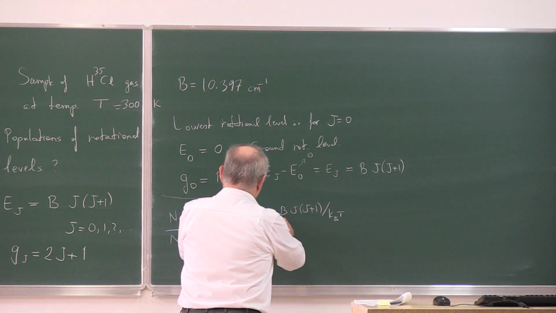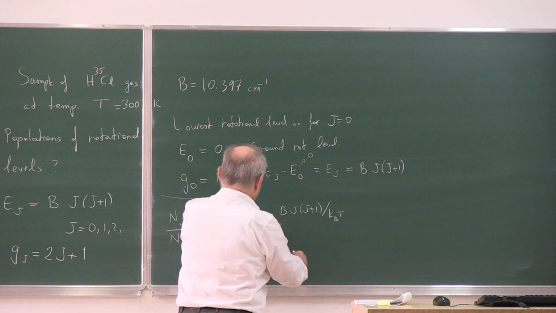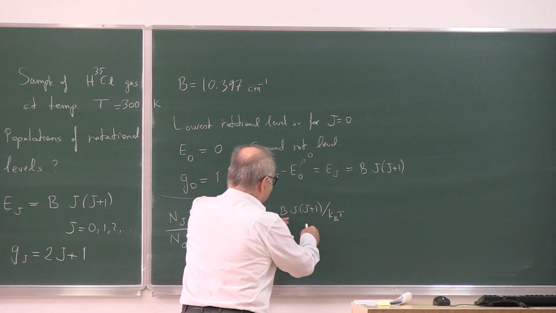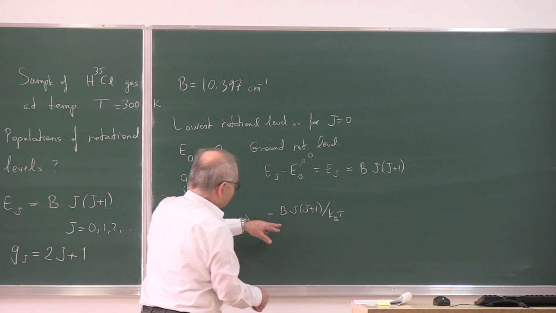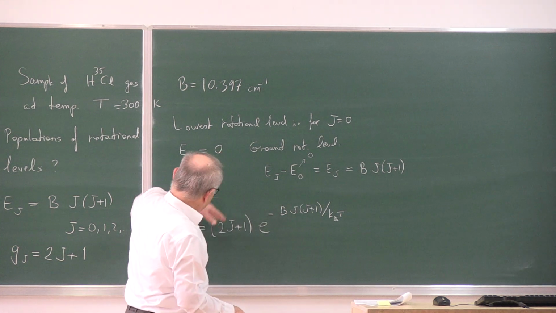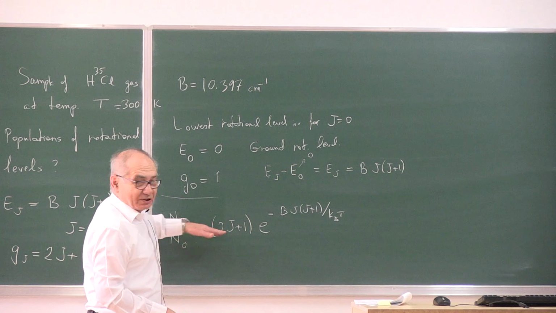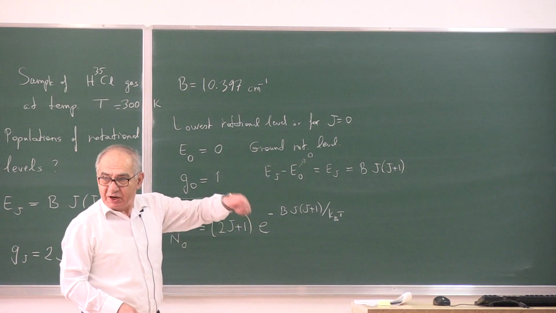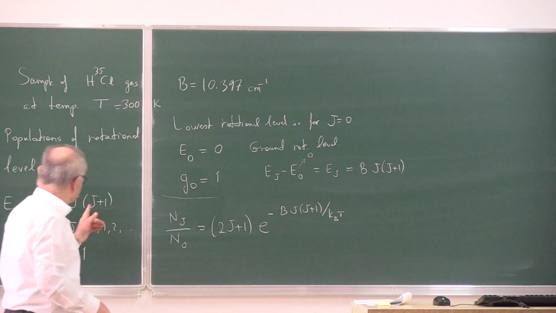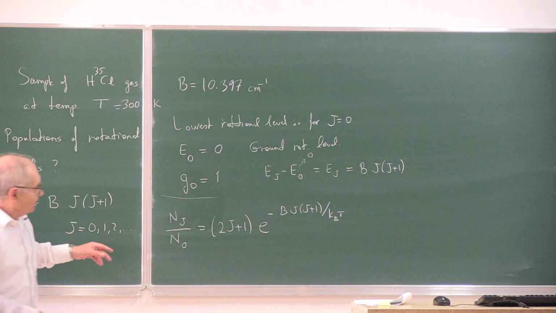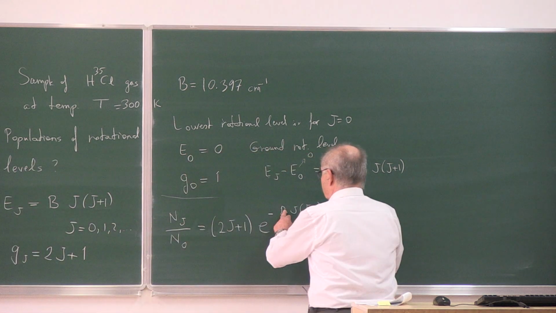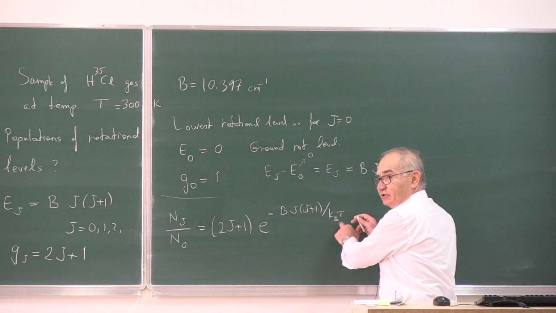Now, we can slightly simplify this expression. You see, populations are changing when J changes. The rotational quantum number J changes. B is a constant. kT is a constant.